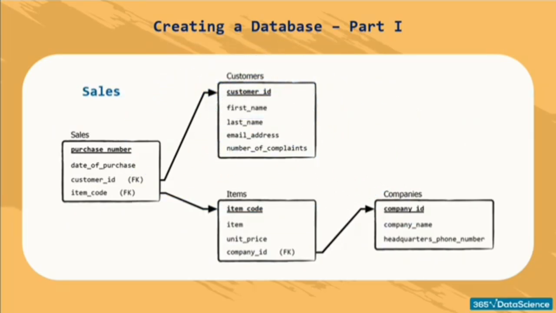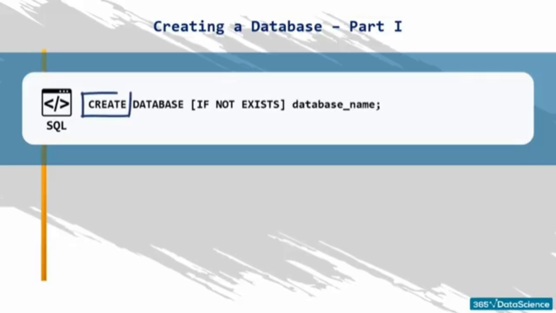We will use the data definition language CREATE statement to create a database. Quite intuitively, the command we need in this case is CREATE DATABASE. The syntax to abide by is CREATE DATABASE, the optional statement IF NOT EXISTS, the name of the database, and finally, a semicolon.